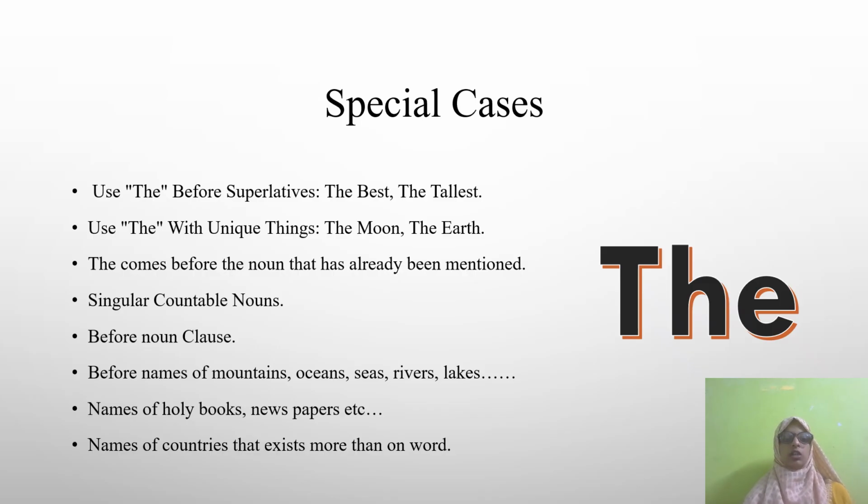Before singular countable nouns, we use the article the, and before noun clauses we use the article the. Before the names of mountains, oceans, seas, rivers, and lakes, we use the. Before the names of holy books, for example the Quran, the Bhagavad Gita, the Bible, etc. Before the names of countries that consist of more than one word, for example the United States of America.